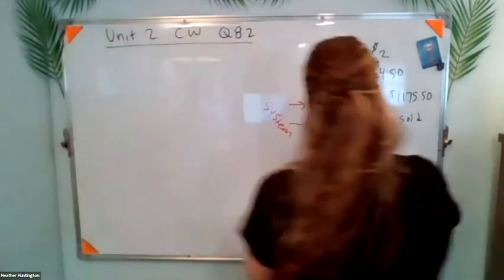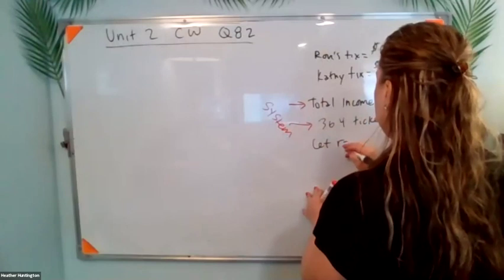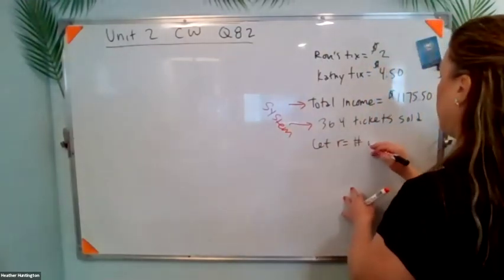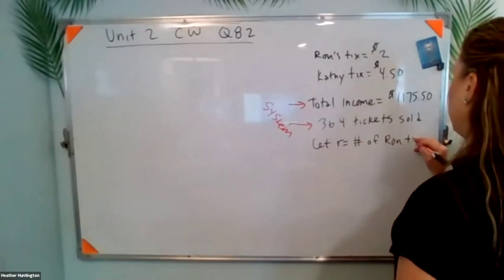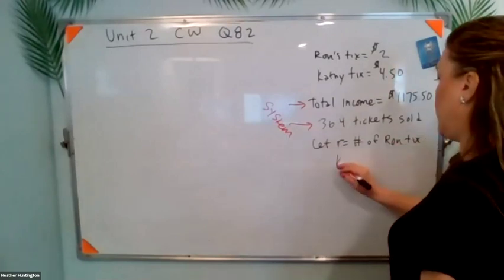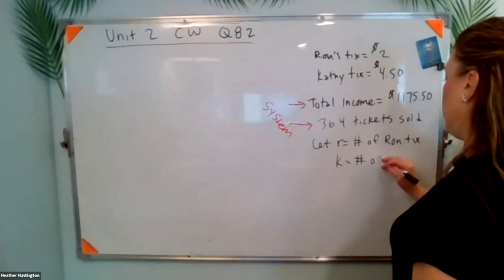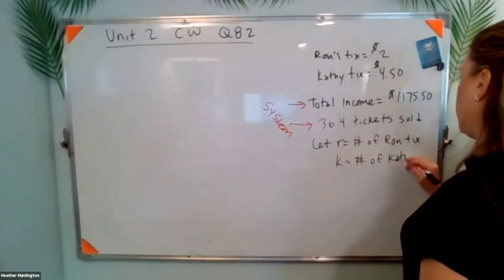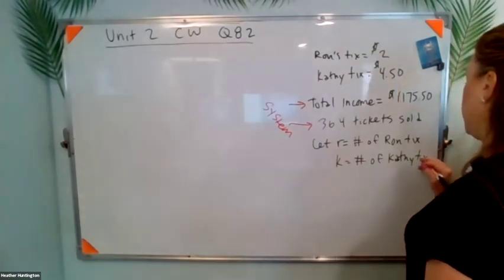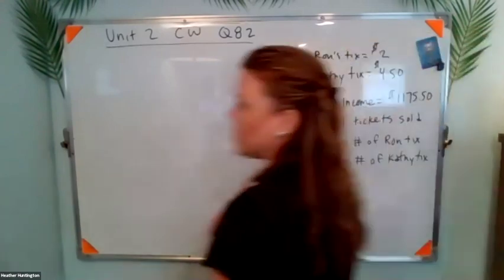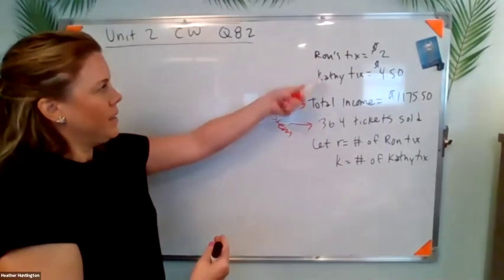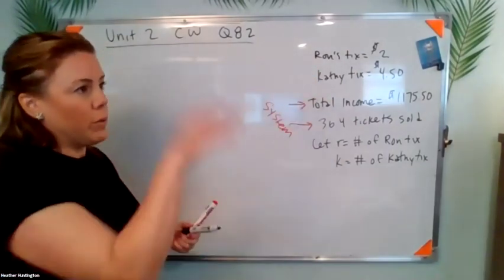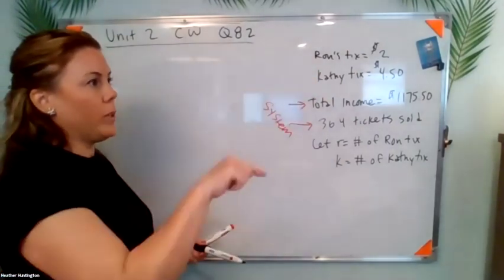Let R equal the number of Ron tickets, and let K equal the number of Kathy tickets. Right, it's the number that they sold. I always like to use the variables that represent the actual thing. It helps when you get your final answer, it helps remind you what you found.